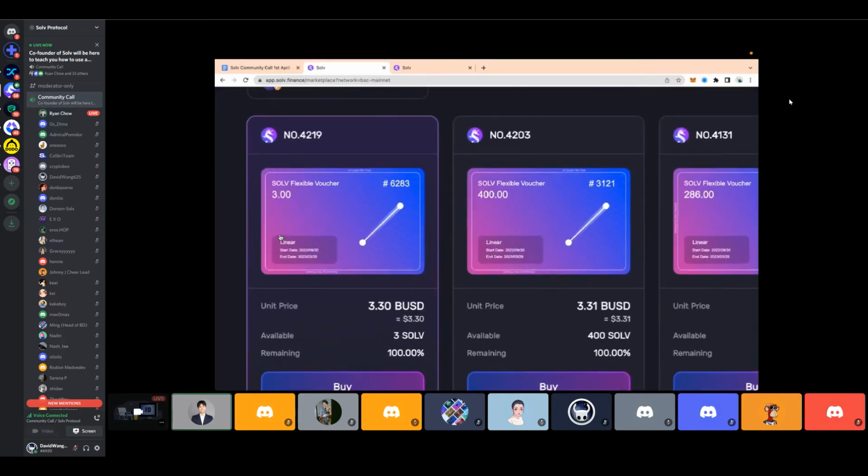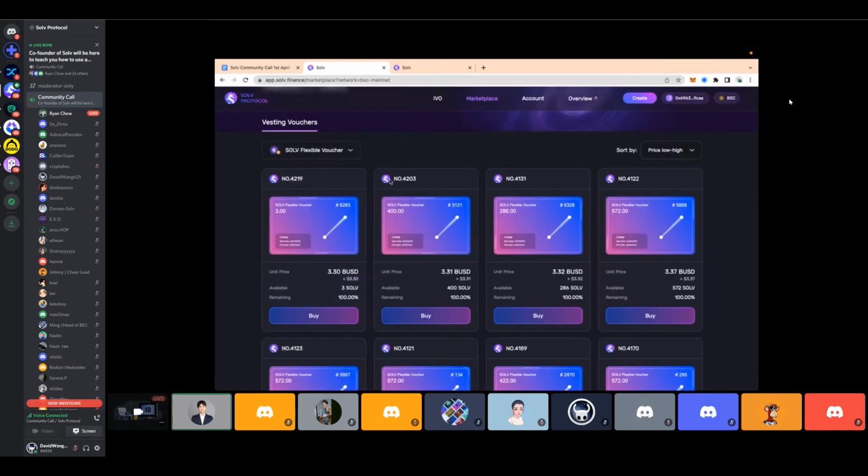Most of them will come from the IVO, from this Solv vesting voucher. If you got this NFT, it means that you are one of the few users who got the real Solv tokens. And if there is a huge demand for Solv tokens, maybe the Solv token price can just pump up, and then you can earn more.